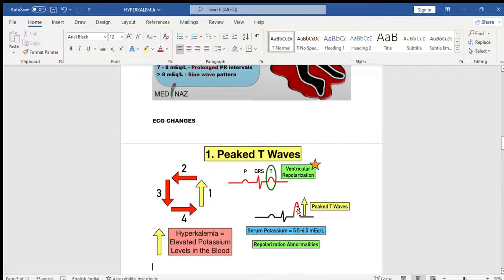This is the first change that happens on an ECG in a hyperkalemic state. So remember, tall T waves represent ventricular repolarization. Repolarization means the cell is losing its positive charges, but here it is not able to lose them. It is positively charged, so the T wave is positive and it is tall.